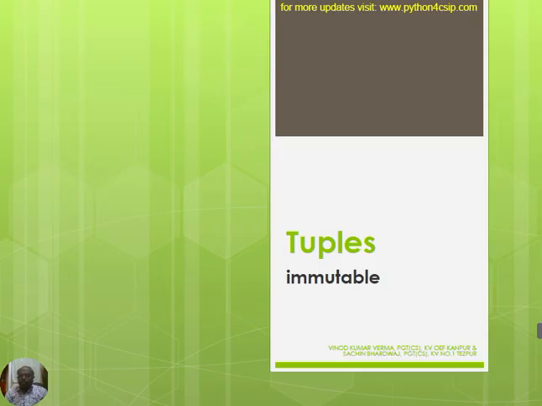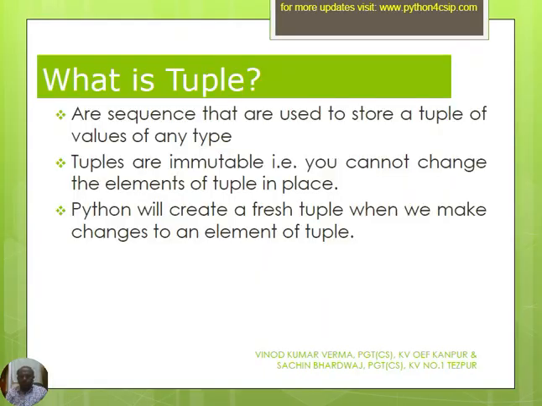Dictionary and set use curly braces. So a list is mutable, as we already discussed in the last section. Tuples are immutable. So now we go to tuples.